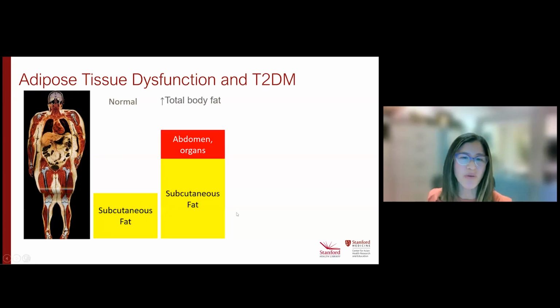An abnormal process may be that due to various reasons, the most common being overnutrition, you fill up the subcutaneous fat to its maximum degree, and then the additional fat spills into your abdomen and into your organs, and that leads to higher risk for diseases like diabetes.